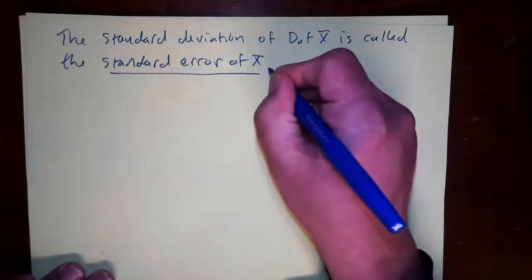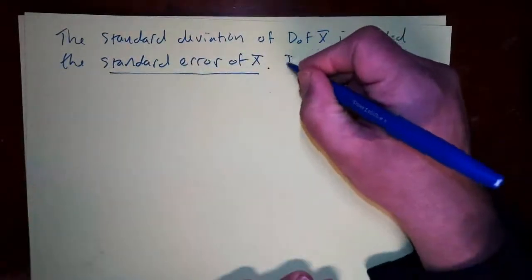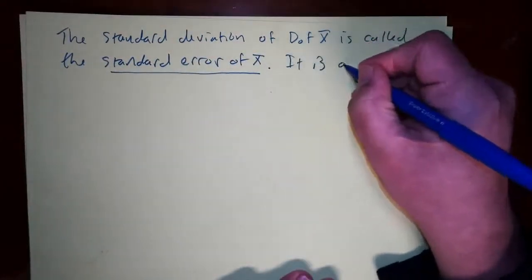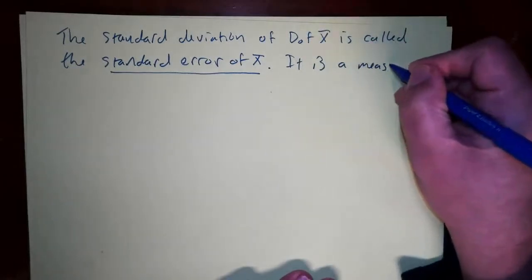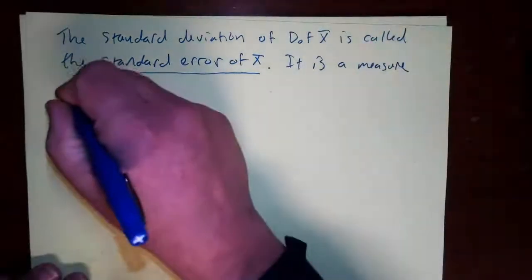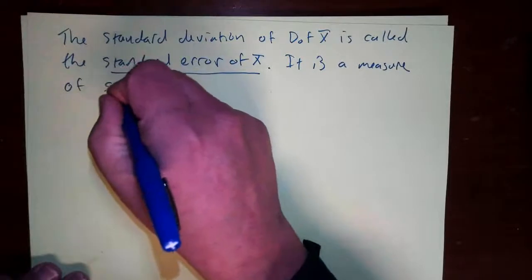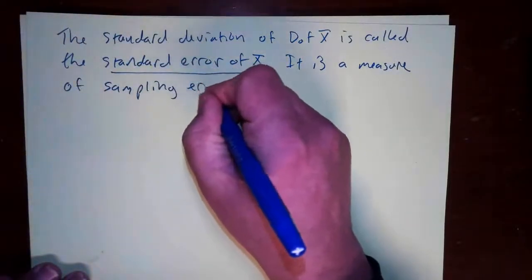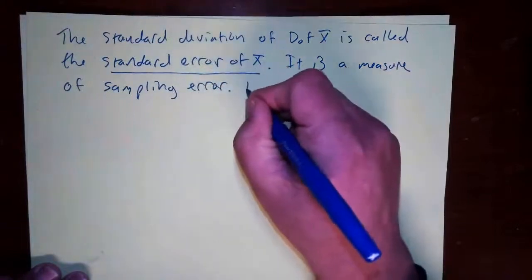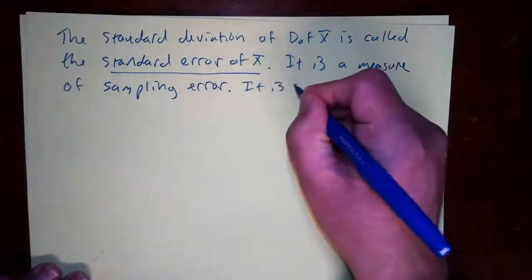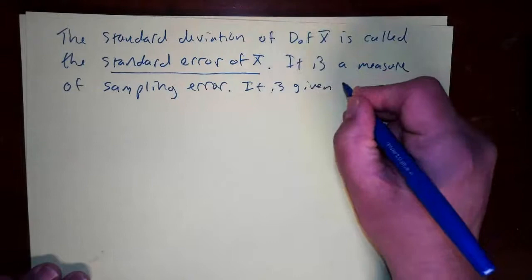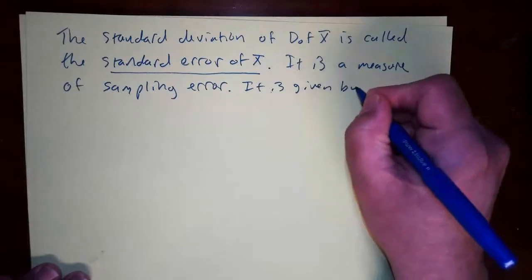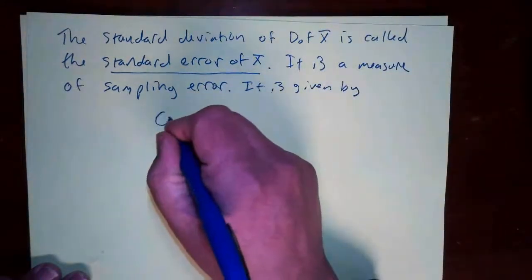The standard error of x bar is a measure of sampling error. It is given by the following formula.